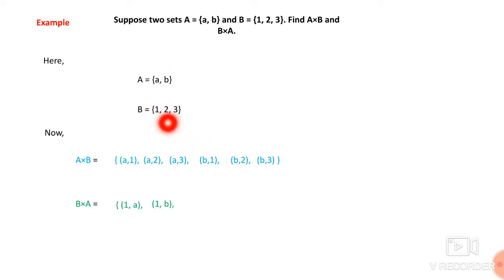Then we will take 2 and make pairs of it, (2, a) and (2, b). Then we will take 3 and make pairs of it, (3, a) and (3, b).